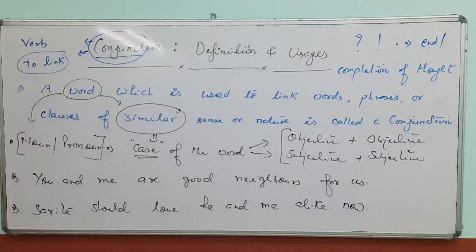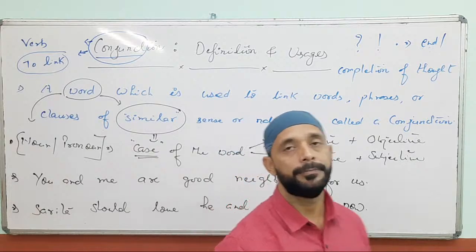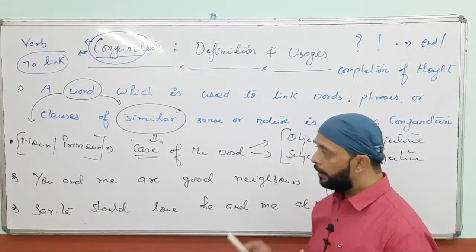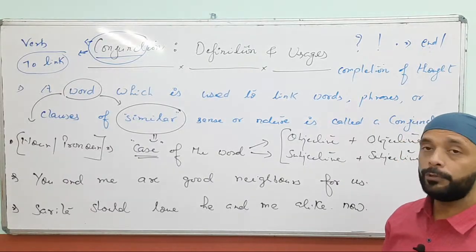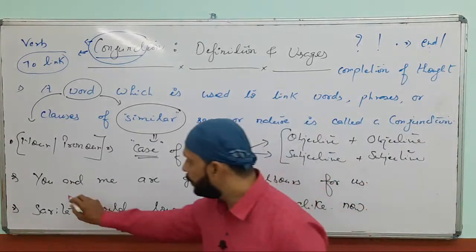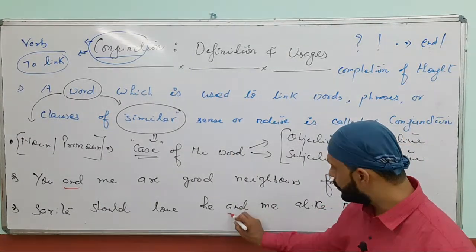Now, as I told you, the function depends on the placing of the words. Where are we placing the word? It is also important. So when we come to this, what do we find? In two places we have used a conjunction, this and, and the next this and.